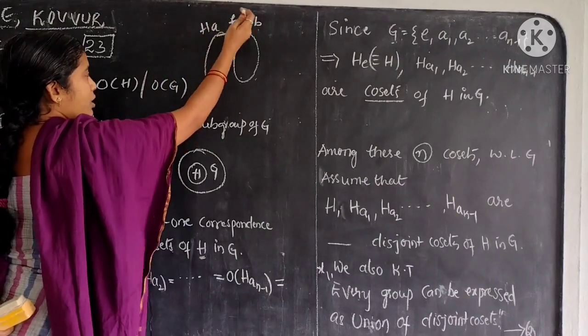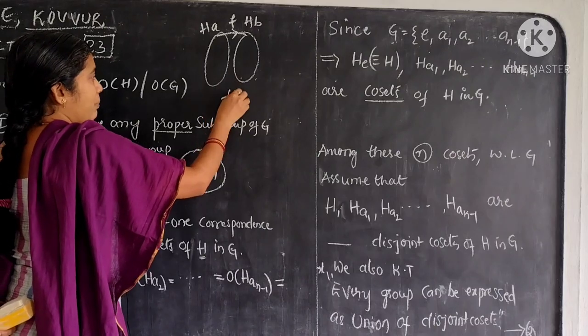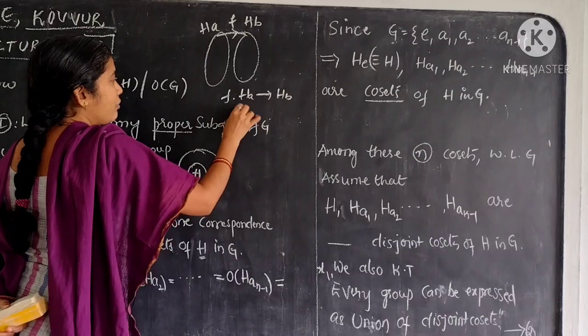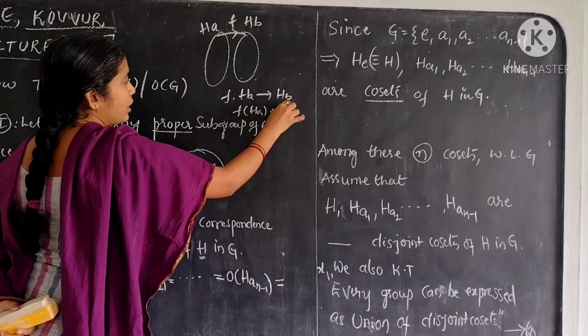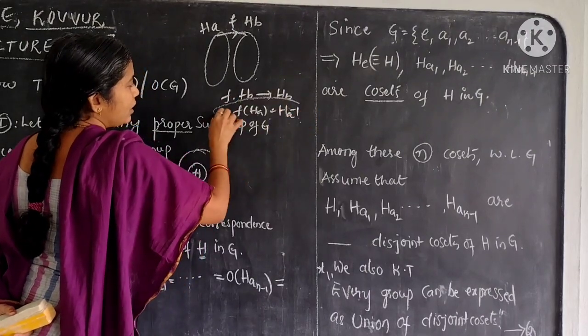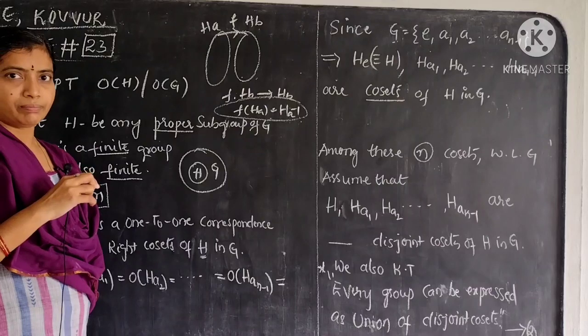Suppose HA and HB are two right cosets. If you are considering the mapping F from HA to HB as F of HA is equal to HA inverse, then obviously this mapping is a bijective mapping.